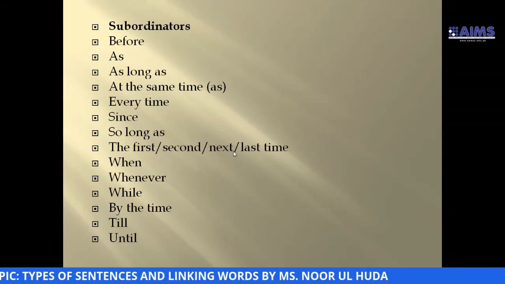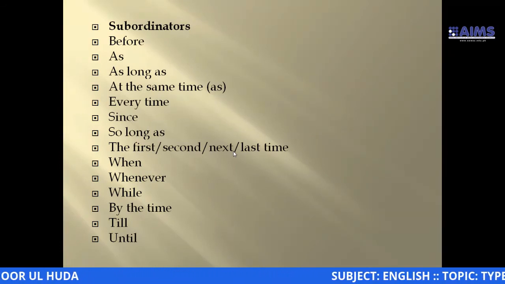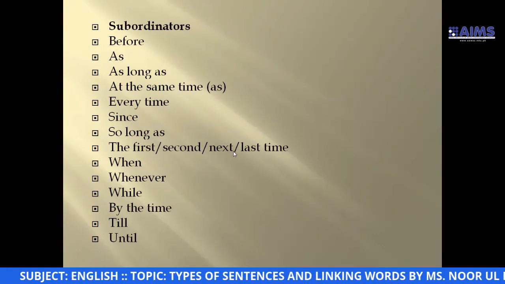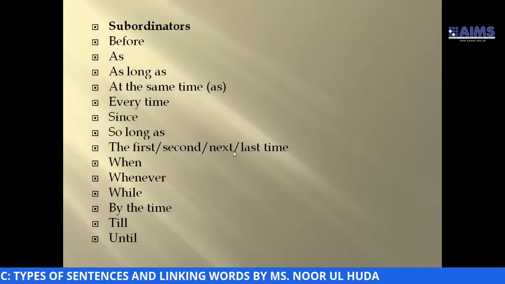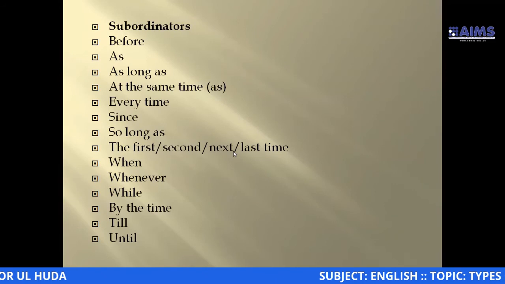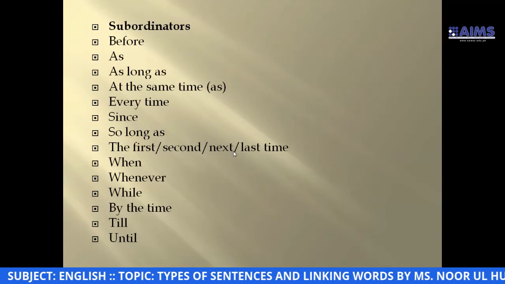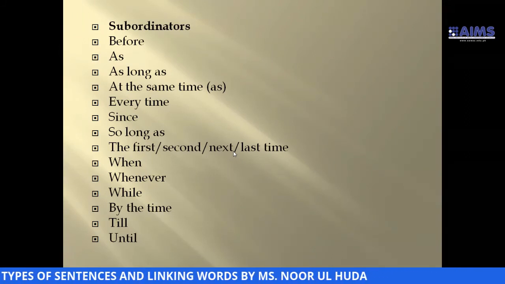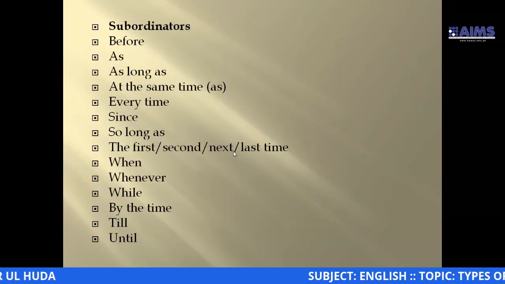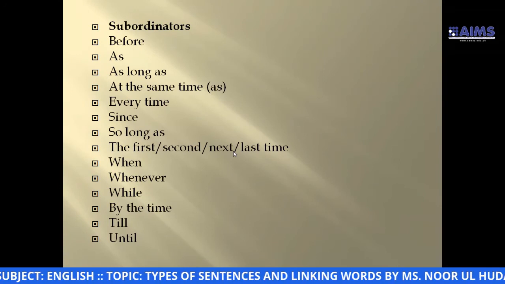Now, when you write something, the first, second, next, last time, when, whenever, while, by the time, till, until, and all the subordinating conjunctions or subordinators have different qualities. They refer to different types of ideas. We cannot say that any subordinating conjunction can be used at any place, because every subordinating conjunction has a particular meaning.